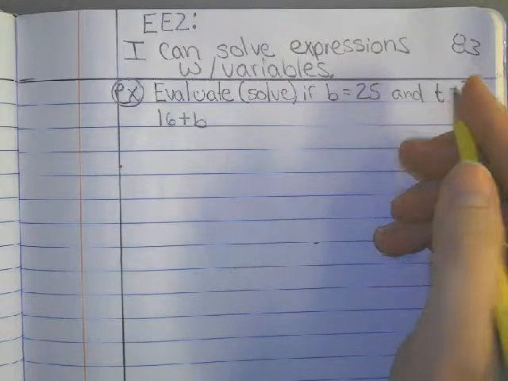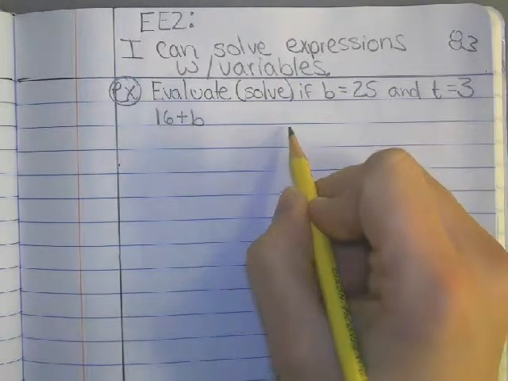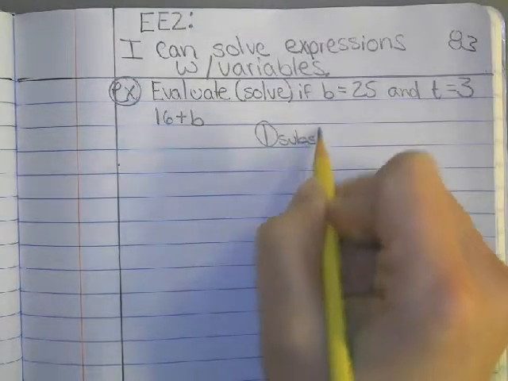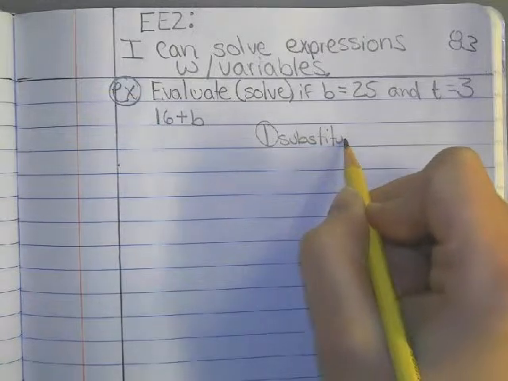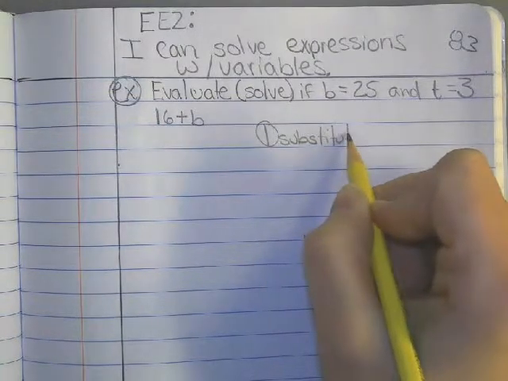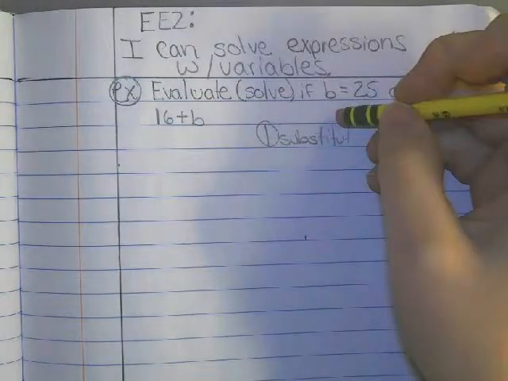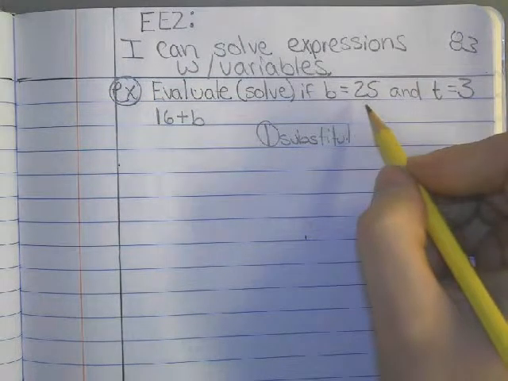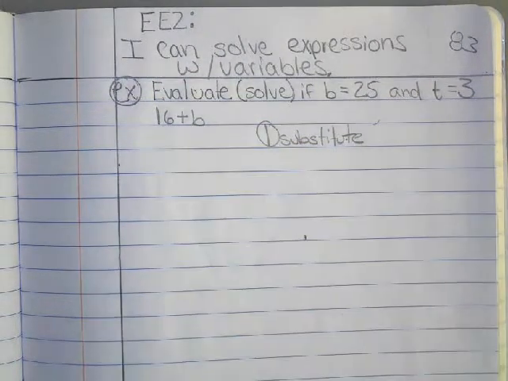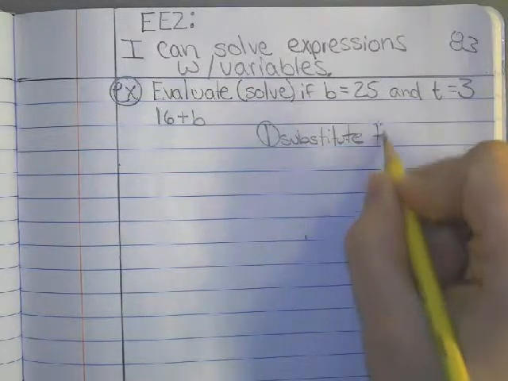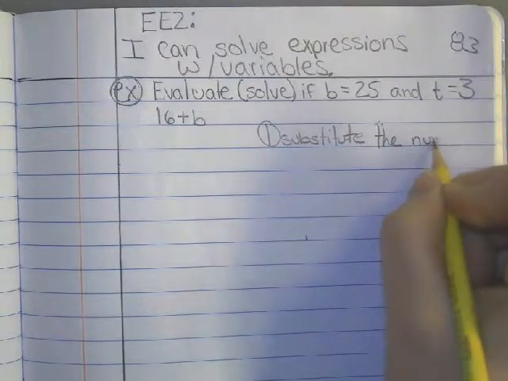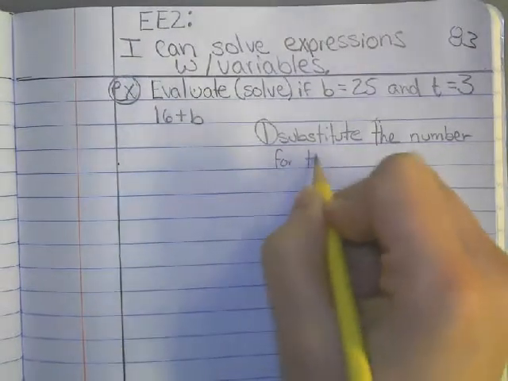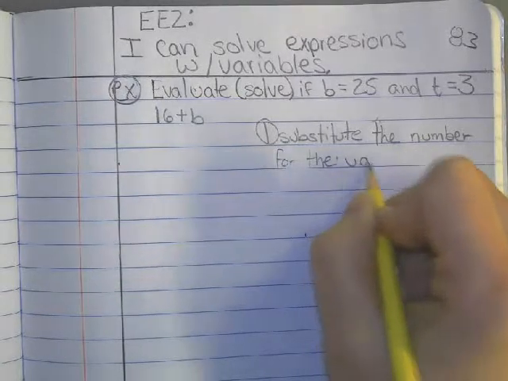So, number 1, what you're going to need to do, substitute the number for the variable.